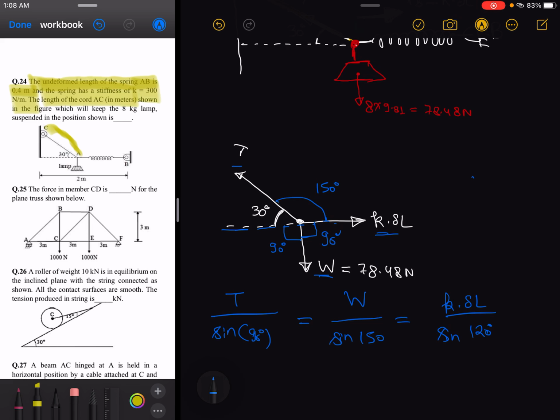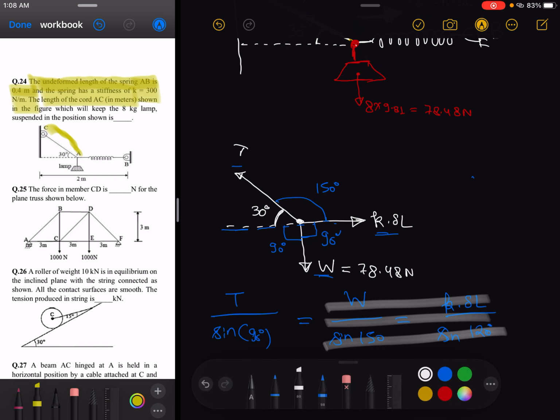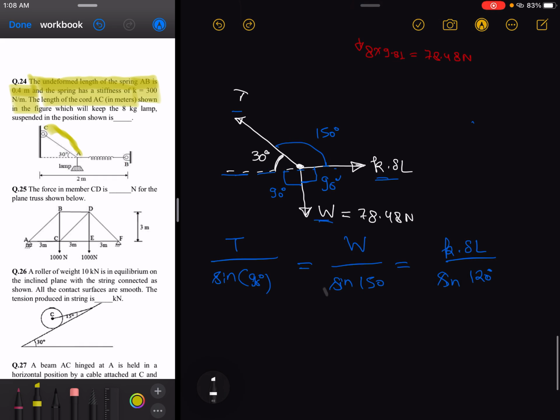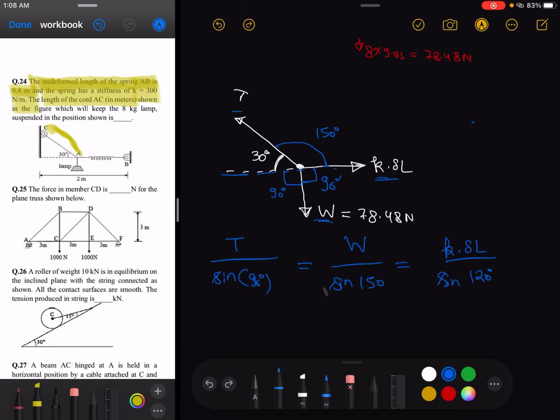Okay, so we are using these two pairs in this question, because our main concern is to find delta L here.